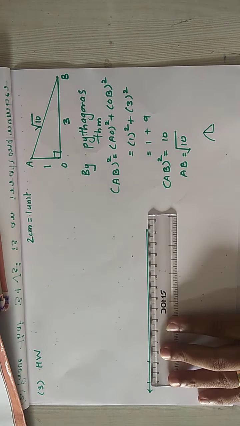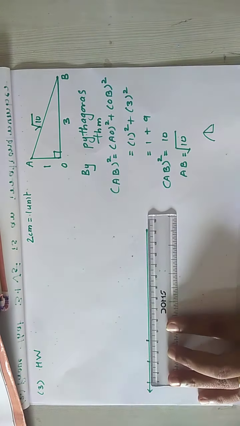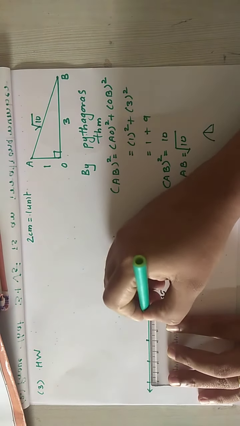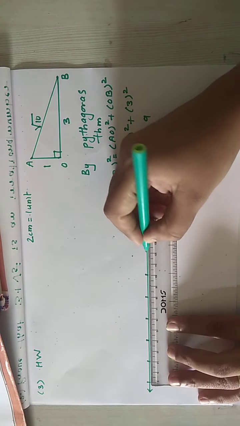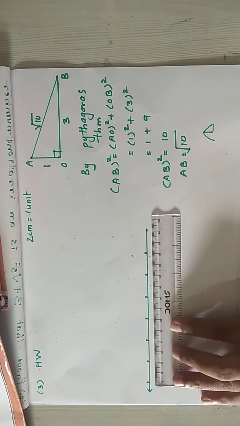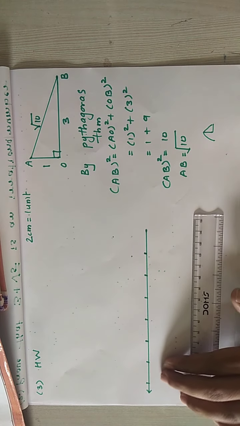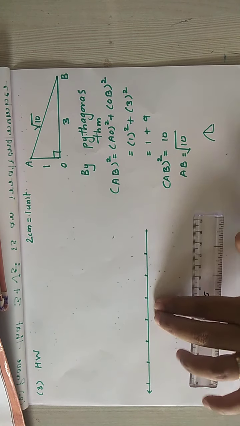This is 1 unit, 2 unit, 3, 4, 5, 6. Okay, so we have 2 centimeters gap as 1 unit.